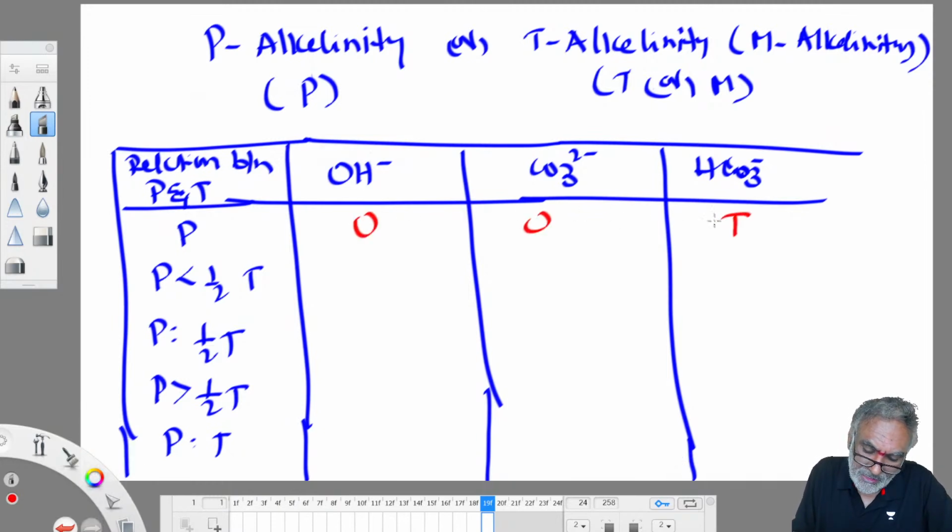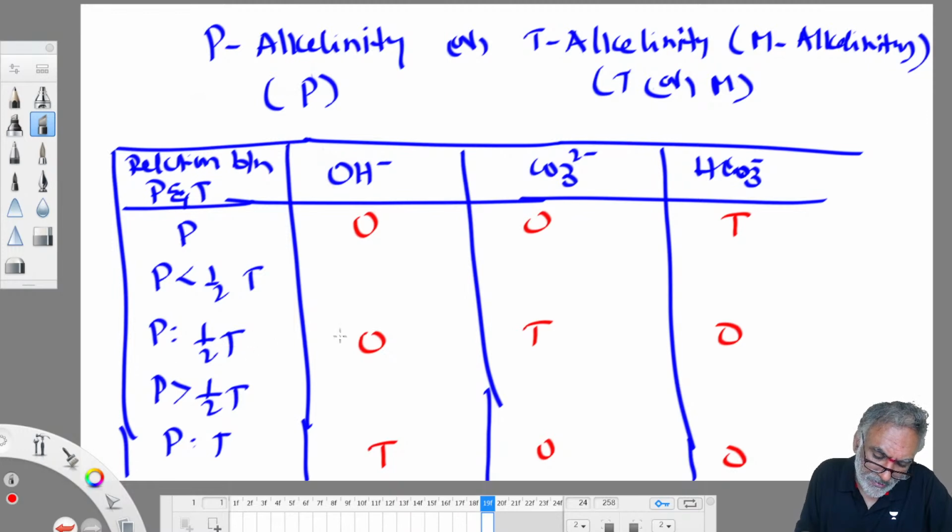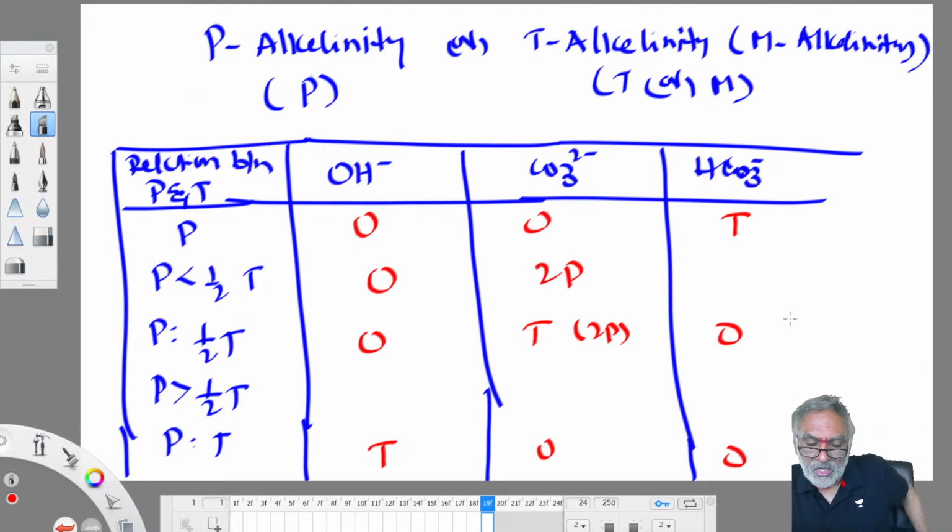For the OH column: 0, 0, T, this last column is T. For the carbonate column: 0, T, 0. Since T is equal to 2 times P when P is half T, you can also write 2P. Then at the top of the middle column also 0, 2P, and in the last line you only have to fill up the last column. When you sum horizontally, it should be T, it should not be more than T.